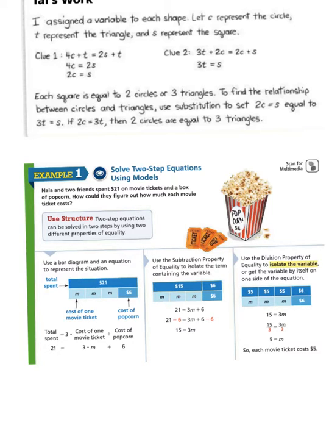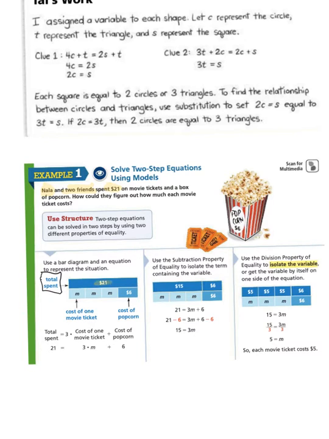With the bar diagram, they show the total spent in the top bar. They spent $21 total. Then underneath, they break it down by what they know from the actual problem. Looking at the problem, they know that Nala and two friends spent $21.